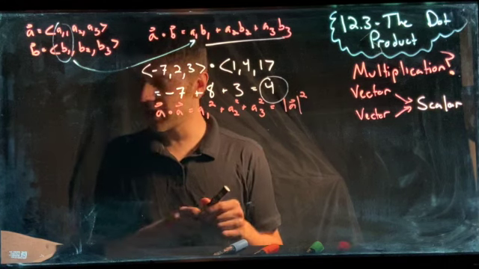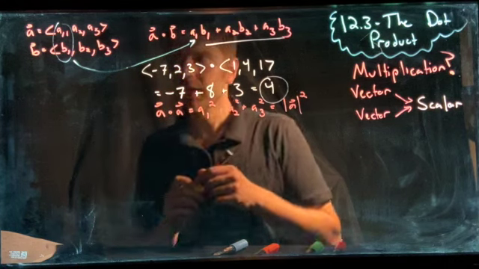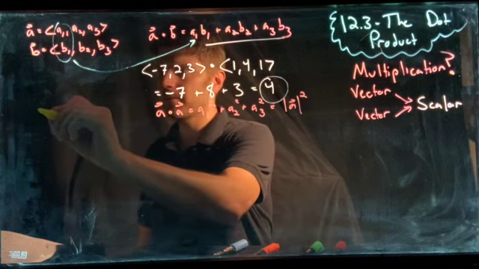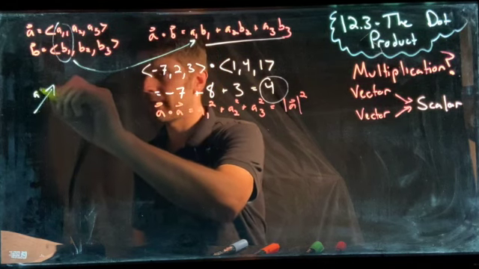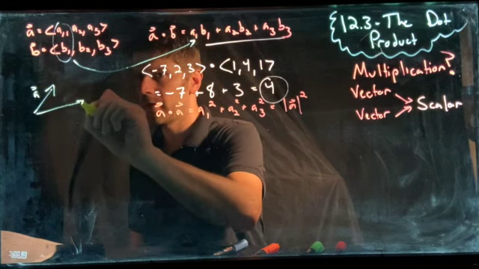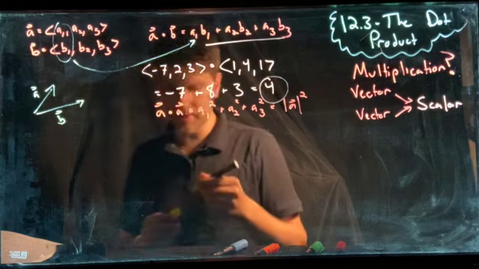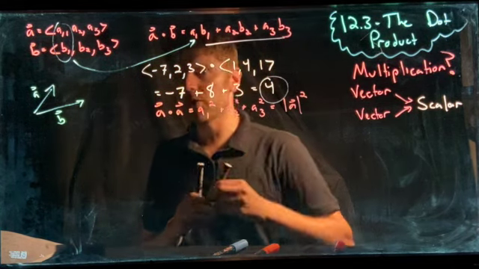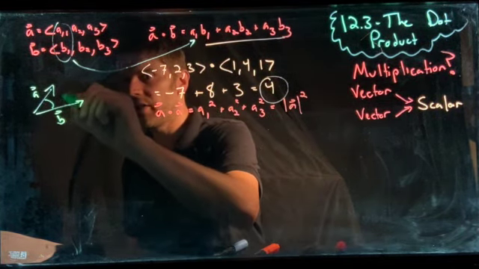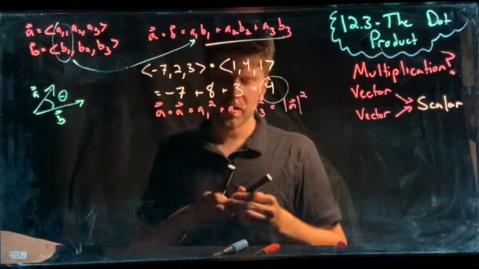Now this does have a geometric interpretation. Let's say we have two vectors, A and B. Here's A, and here's the vector B. And let's say that we happen to know that there is some angle theta between them.